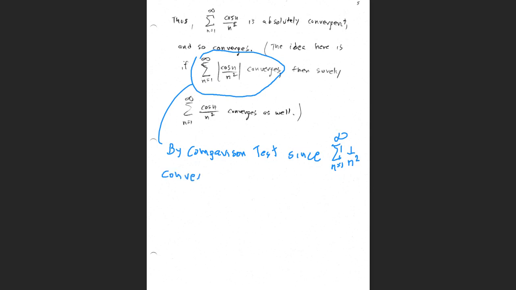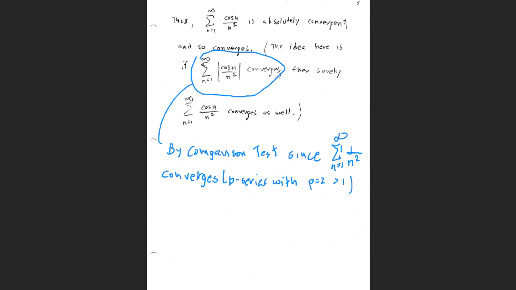The series from n equals 1 to infinity of 1 over n squared is a p-series with p equals 2, which is greater than 1.